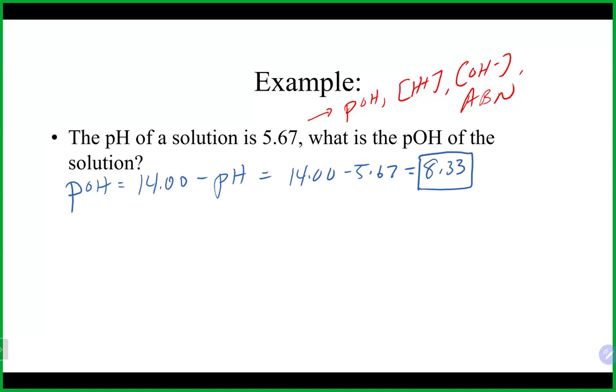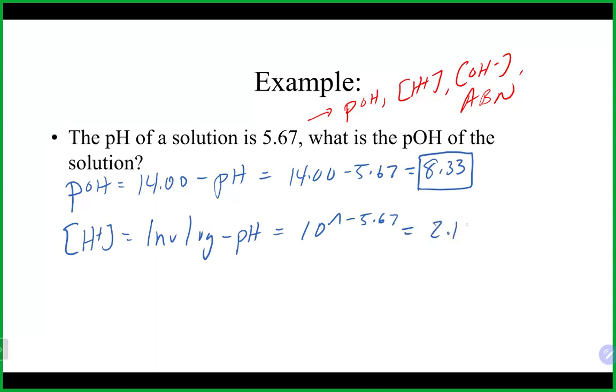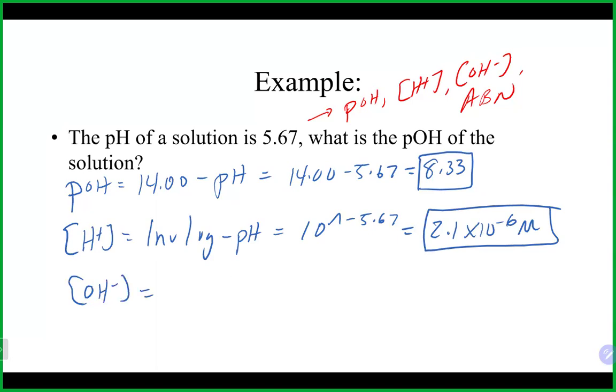Now that we have both of those, we again can take our H plus, which would equal the inverse log of the negative pH. So that again is going to look something like that on your calculator when you punch it in correctly. And we will end up with, looks like 2.1 times 10 to the minus 6 molar. And lastly, our OH minus, we can again use KW if we wanted to.